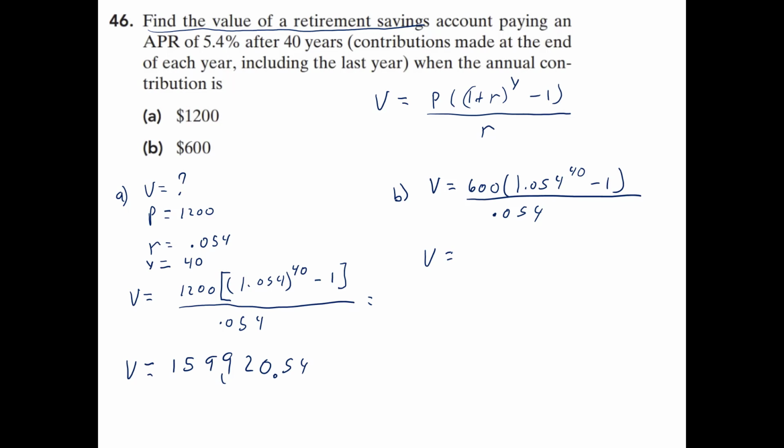And all you have to do is change that to $600, and you get $79,960 and 27 cents. It is exactly half of what you got when you deposited the 1,200, because 600 is exactly half, and the only thing you are changing is the P.